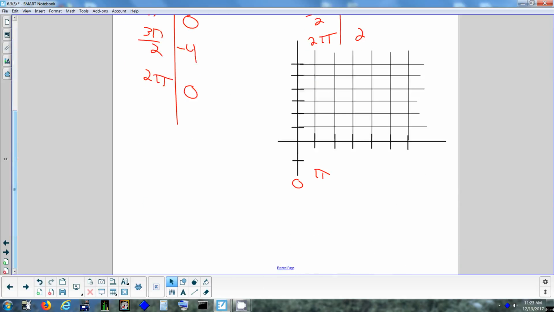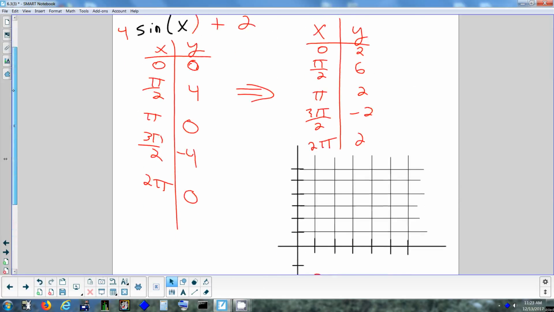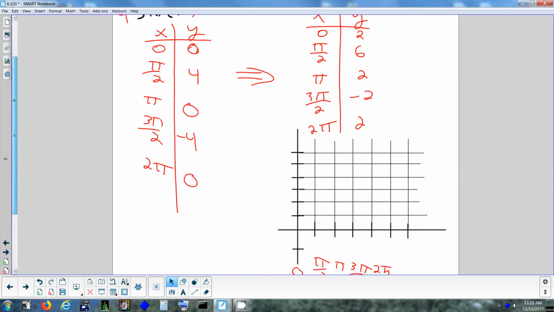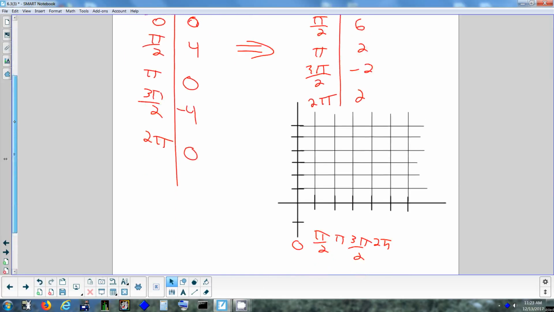So 0, pi over 2, pi, 3 pi over 2, 2 pi. And on my y-axis, I'm going to go by 2's.